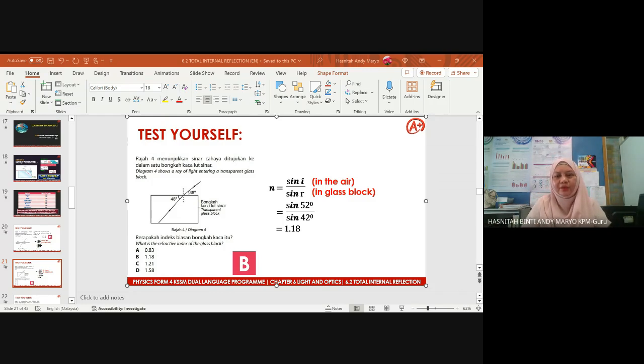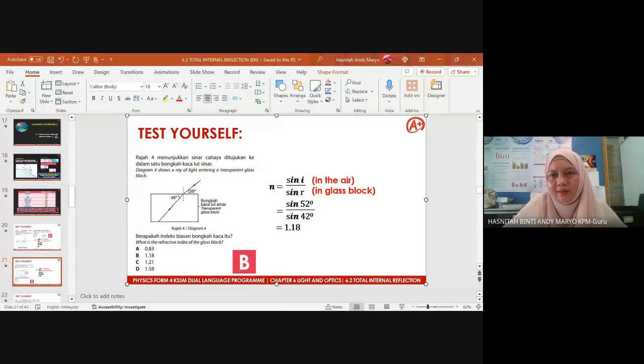I don't have a scientific calculator with me now. So the answer is 1.18. The answer is correct, right? Only the calculation I showed is wrong.